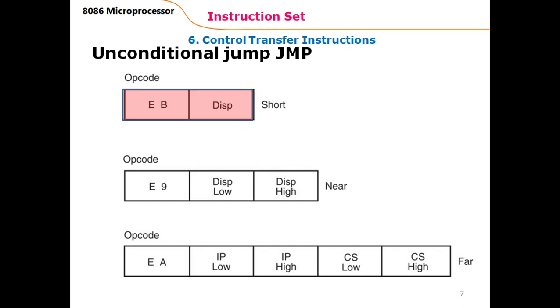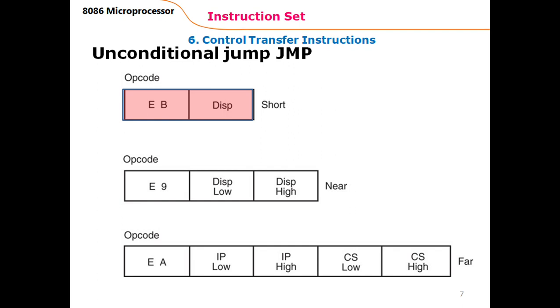Short jump is a 2-byte instruction, with the operation code being a single byte, and the operation code of the short jump is EB in hexadecimal. So this 8-bit value is stored in memory to represent the short jump instruction, and this opcode is followed by an 8-bit signed displacement, which gives a value ranging from plus 127 to minus 128.